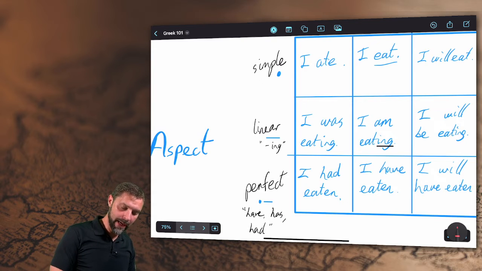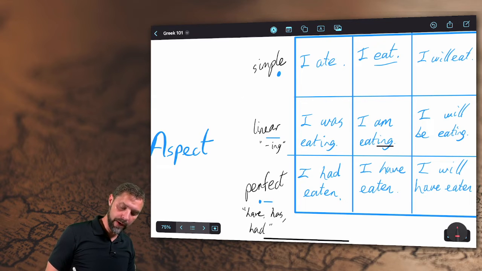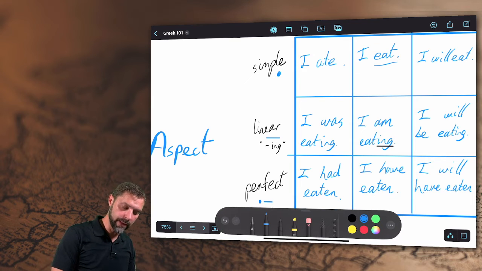And the simple aspect is just, think of it kind of like I just dropped it in there. Just, I stated it. Simple. I ate. I eat. Okay, what I've found helpful with students is just, there is no ing. It's just the statement, I ate. I eat. There is no ing. We often represent that, and I do find this helpful, with a symbol, just a little dot.